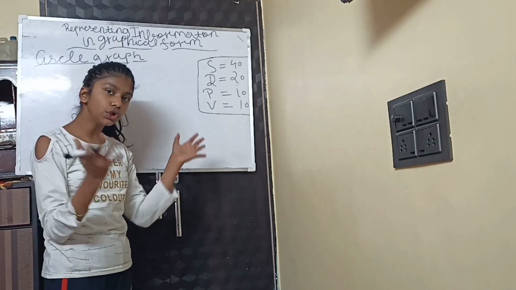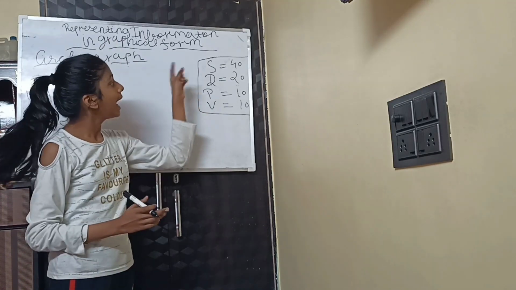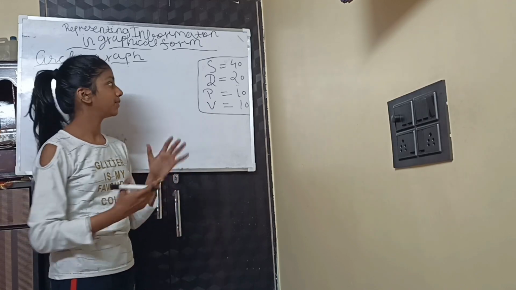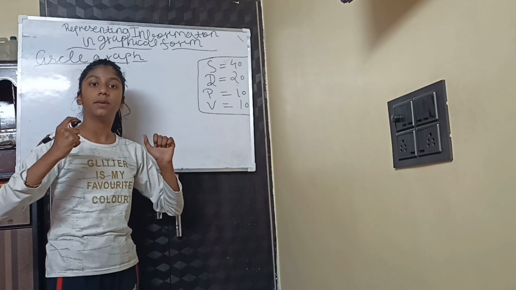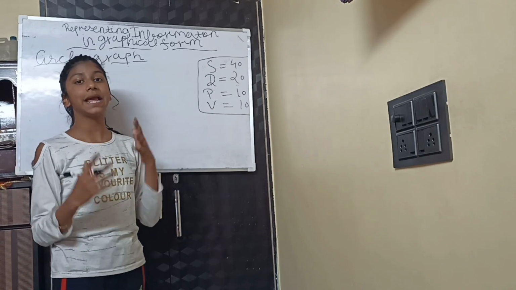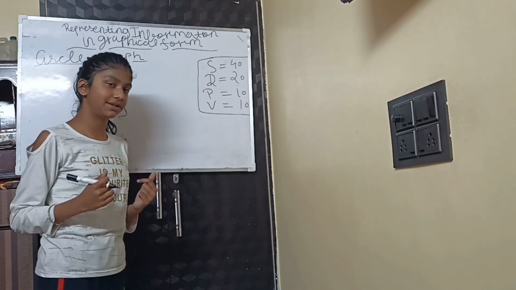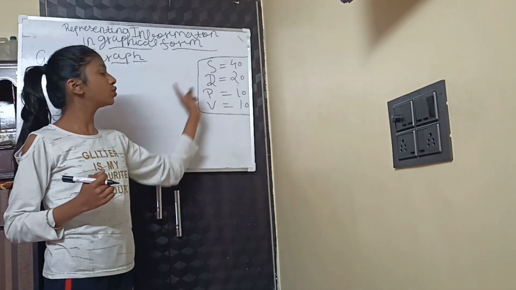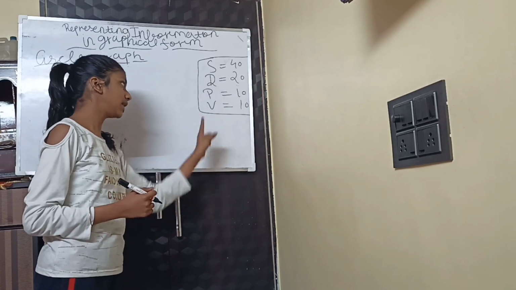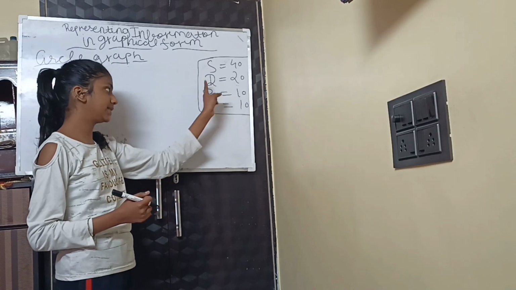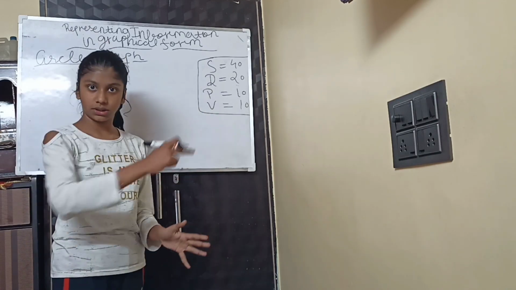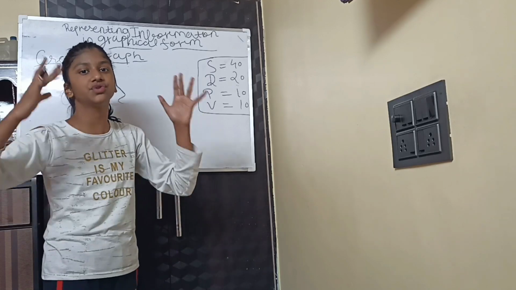The total number of children was 50, and the teacher asked the students about the snack they liked the most. So 40 children said samosa, 20 children said dhokla, 10 students said pizza, and 10 students said vada. Now circle graph means a circle, so we will solve this whole question in a circle.